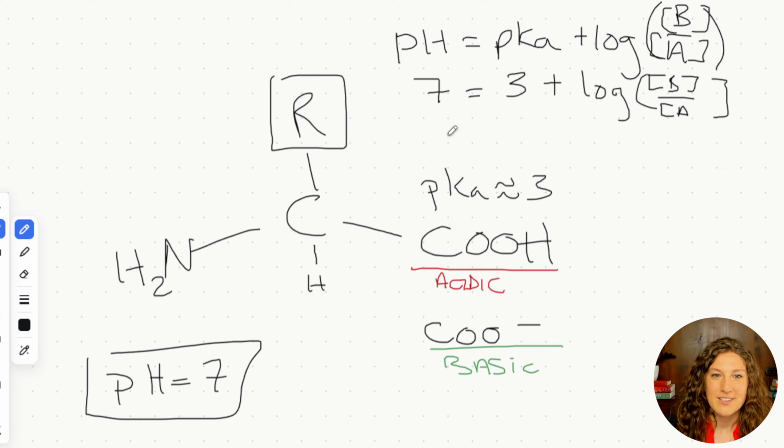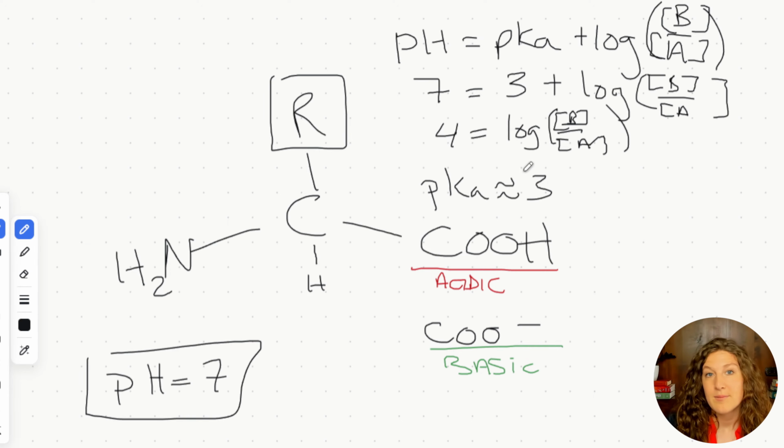7 minus 3 is 4. So we have 4 equals the log of base over acid. Now remember, for logarithms, we can do a logarithm trick for log base 10: we take the 10 and the 4 on the opposite side of the equation, and anything in the parentheses is going to equal 10 to the 4.